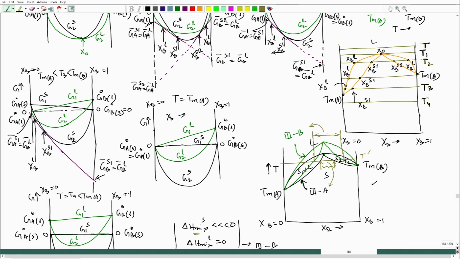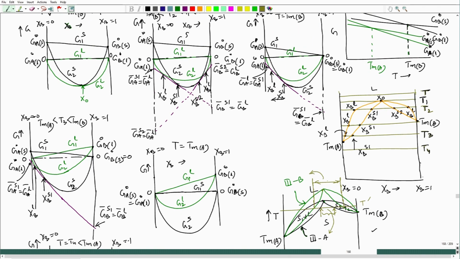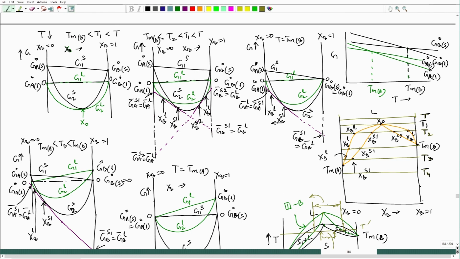For example, if you take this particular situation when temperature was T2, between these two tangent cross points we have solid 2 plus liquid to be stable, and to the right of it solid will be stable. To the left of that liquid would be stable. In between we have solid 1 plus liquid stable.